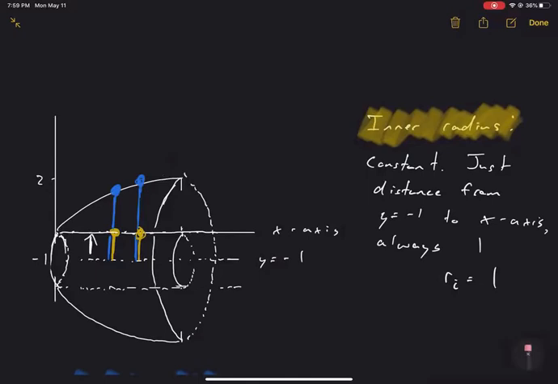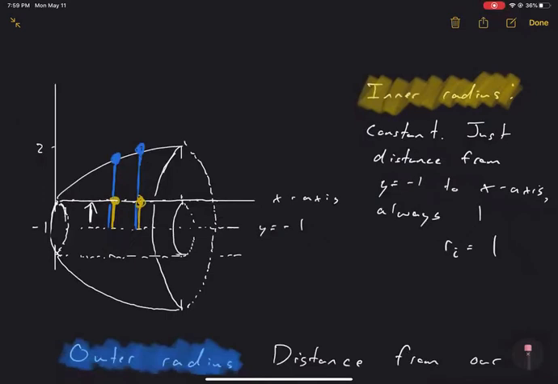So I've drawn my inner radius with these yellow lines and my outer radius with the blue lines, okay? So let's talk about the inner radius first. The inner radius is going to be the distance from this line, the line we're rotating around, which is y equals -1, to this line here, which is the x-axis.